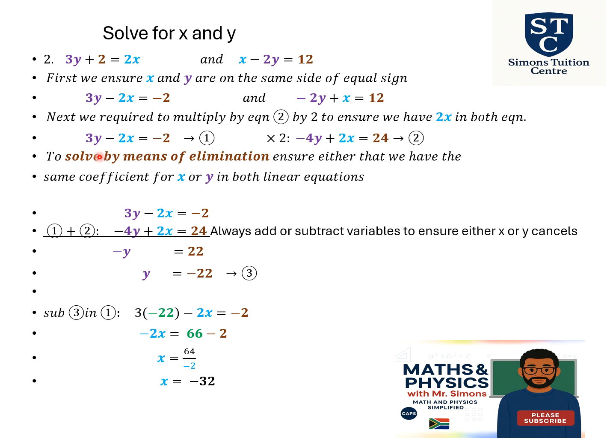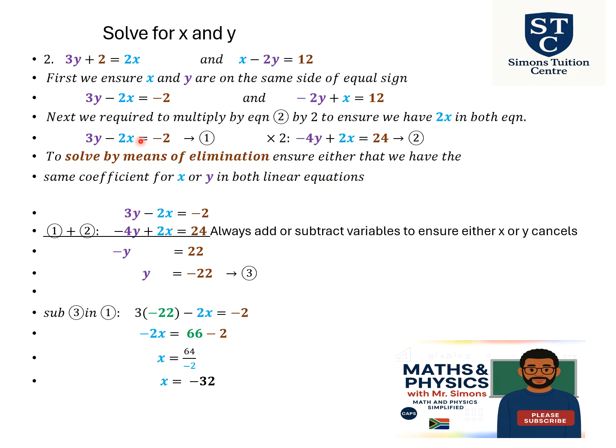So my equation 1 reads 3y minus 2x equal negative 2. For equation 2, if I multiply by 2, minus 2y times 2 gives me minus 4y, x times 2 gives me 2x. So now I have a 2x and a minus 2x, you see, I can cancel. 12 times 2 gives me 24. So to solve by elimination, I now have the same coefficient of x.